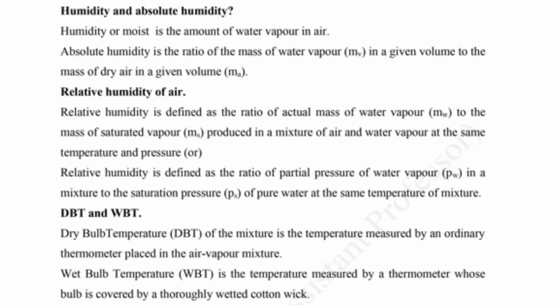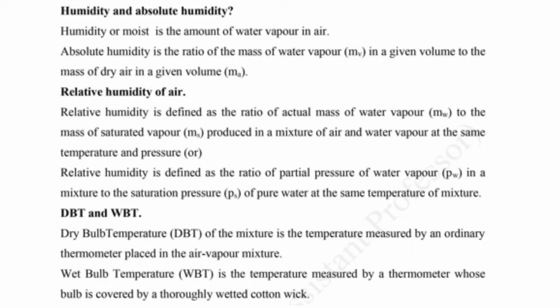Humidity and absolute humidity: humidity or moisture is the amount of water vapor in air. Absolute humidity is the ratio of the mass of water vapor in a given volume to the mass of dry air in a given volume.